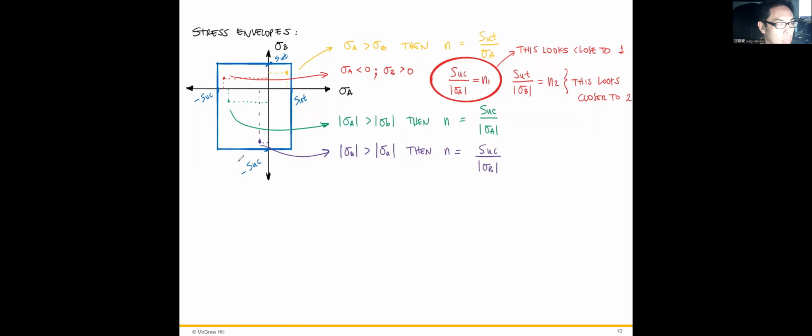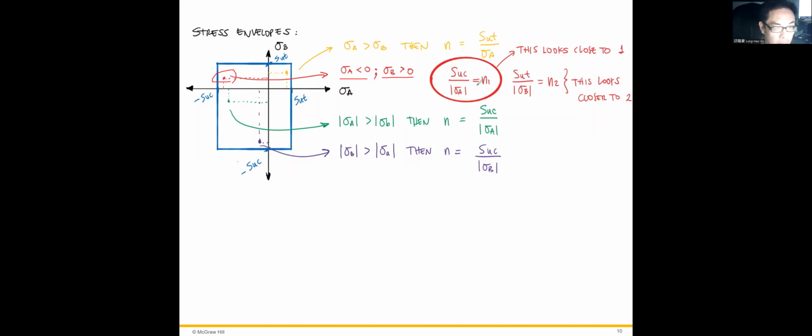Okay, if the stress condition is located in the second quadrant, sigma A is negative and sigma B is positive.